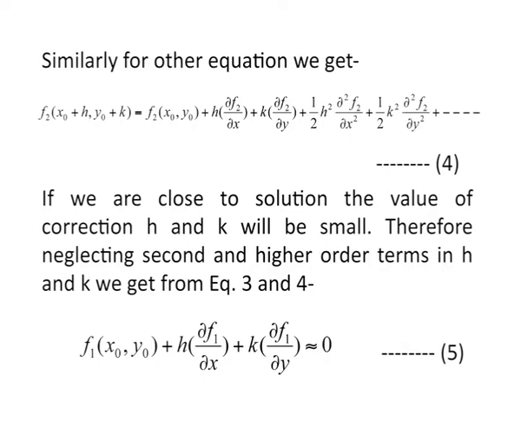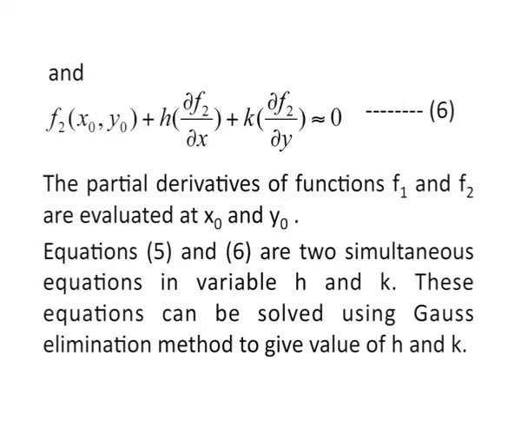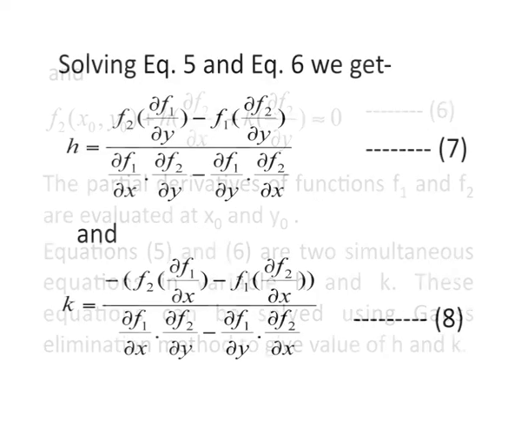Equations 5 and 6 are the simultaneous equations in h and k, where f1 and f2 are constants and delta f1 by delta x and delta f2 by delta x etcetera are the coefficients of h and k. Again we can use the Gauss elimination method to solve these two simultaneous equations for the variables h and k. If we use the Gauss elimination method, the solutions are given by h and k in equations 7 and 8.